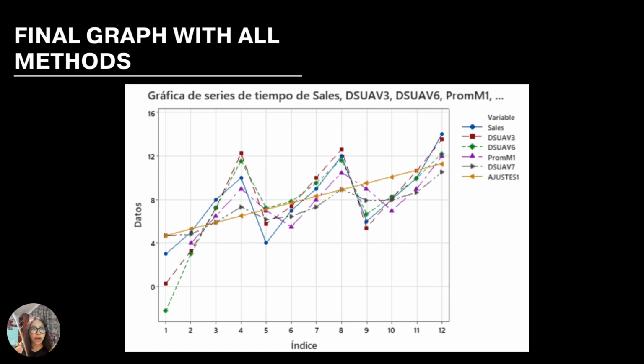And finally, we have the graph with all the methods. By this, we can conclude that the best one is the Holt-Winters multiplicative method. The reason for this is that we obtained a 24.2117 MAPE, which means it is the most accurate because it indicates a relatively lower error rate compared to the other methods evaluated throughout the presentation.